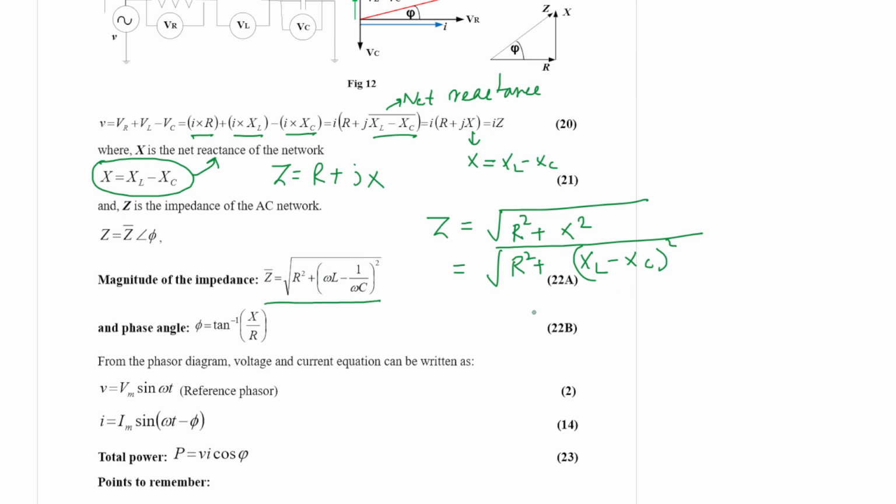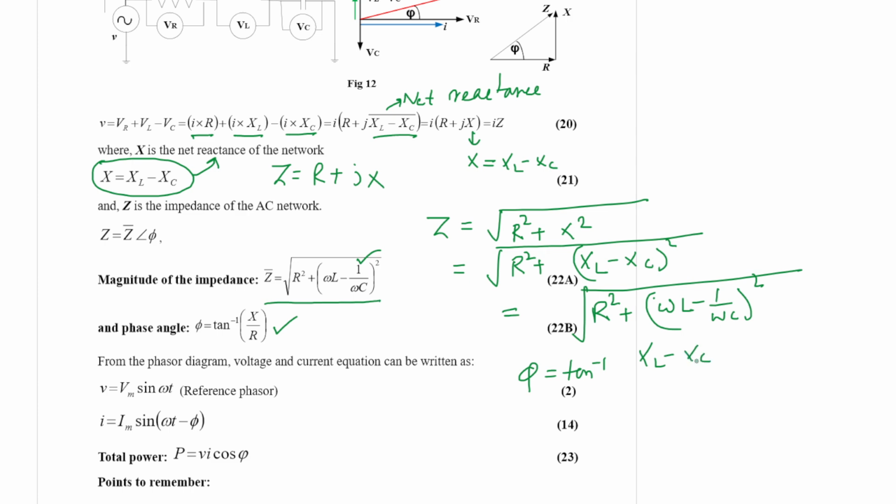XL is equal to omega L. What is XC? XC is equal to 1 by omega C. So the relation is the square root of R square plus omega L minus 1 by omega C whole square. And the phase angle becomes tan inverse of X by R, that is tan inverse of XL minus XC by R.